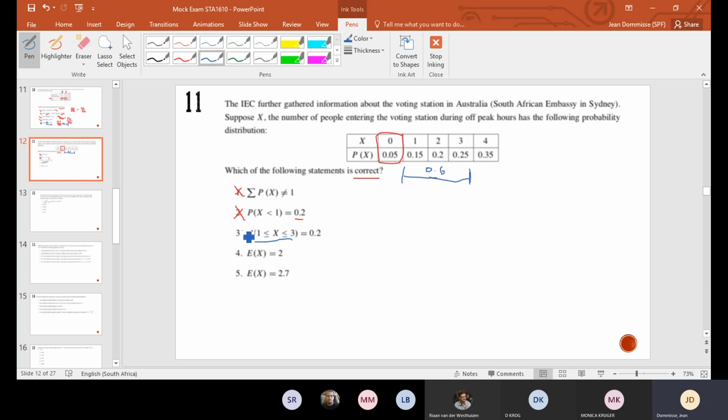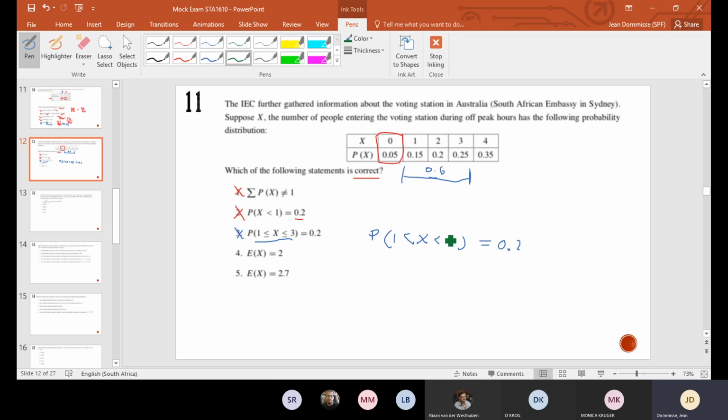So that one is also incorrect. If the probability was written as this, then it would have been 0.2. Okay, because then we would have said probability bigger than 1.